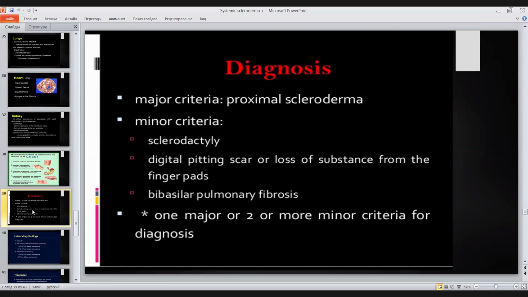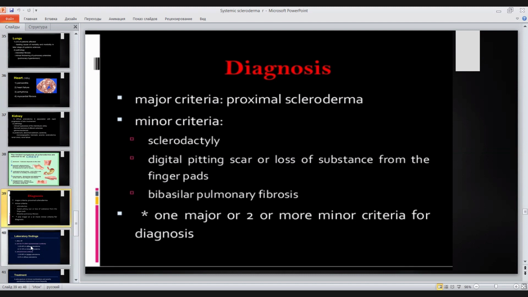In minor criteria, you can find sclerodactyly, atrophy of the distal part of the fingers, and bilateral pulmonary fibrosis. One major proves it, or two or more of the three minor ones also prove the disease, systemic scleroderma.